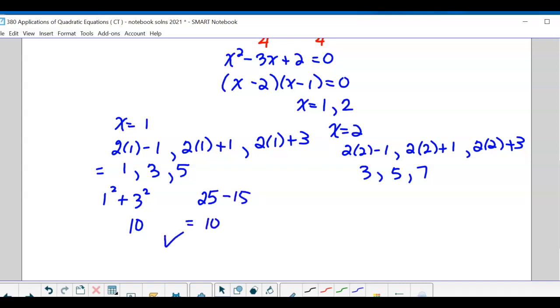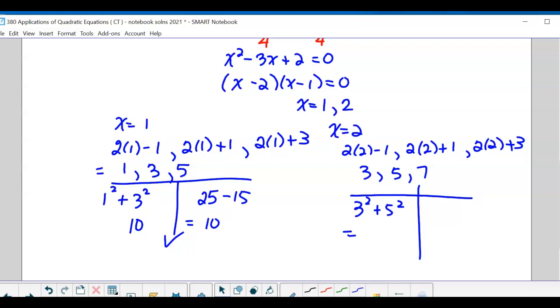So yeah, then that's your verification. And then 3 squared plus 5 squared. What's that? 25 plus 9 is 34. 7 squared minus 15. 49 minus 15 is 34. So there are 2 sets that work.